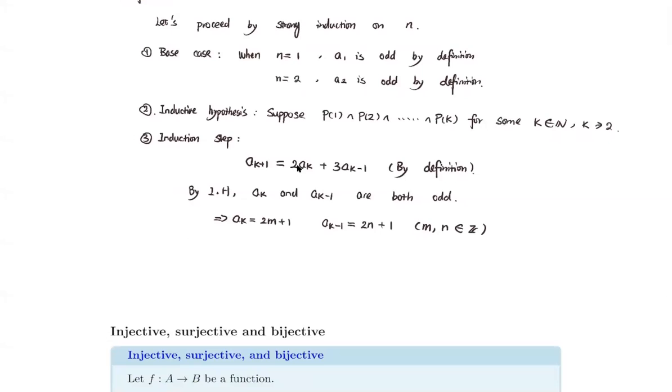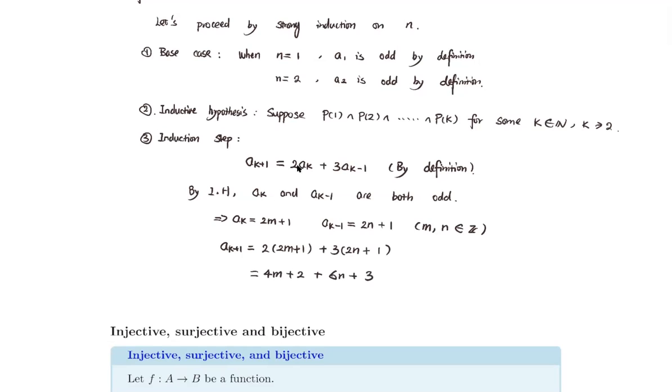Anyway, this will give us a(k+1) equals 2 times (2m plus 1) plus 3 times (2n plus 1). So that's 4m plus 2 plus 6n plus 3.